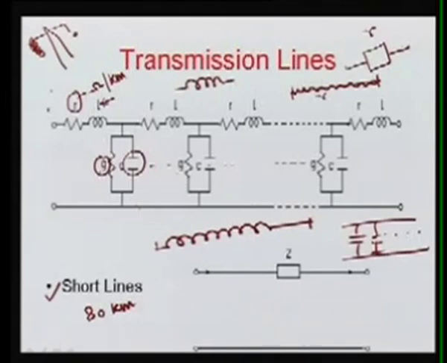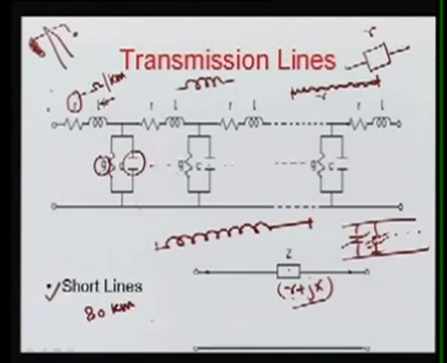Then in that case, what we normally assume is that the capacitances are ignored, meaning the charging is very, very small. So the transmission line can be represented with lumped parameters, that is R plus jX, and we can make the study with the simple lumped parameter of the resistance.